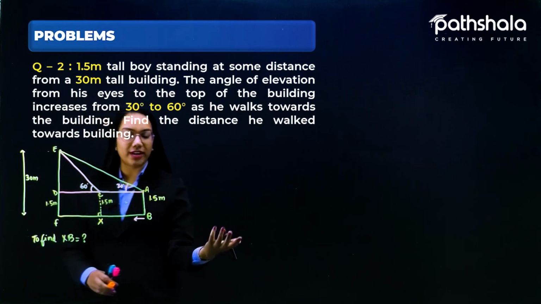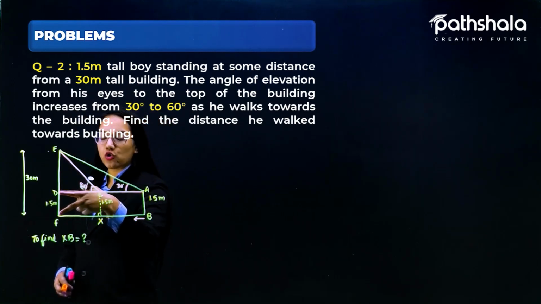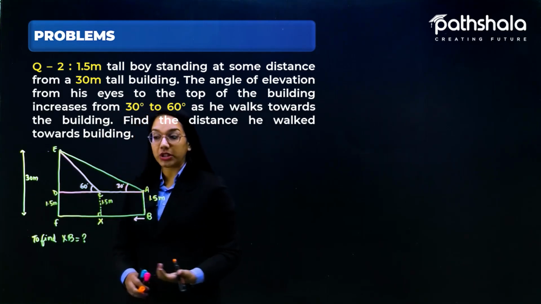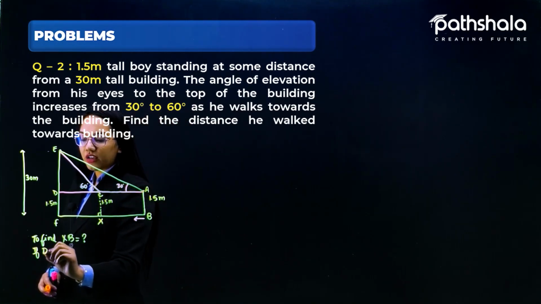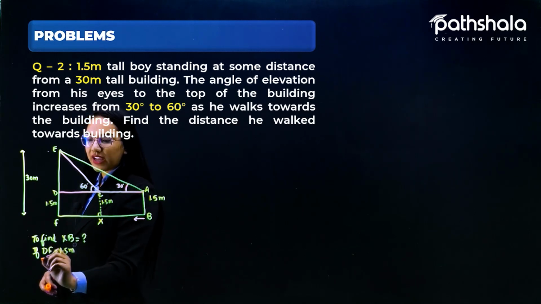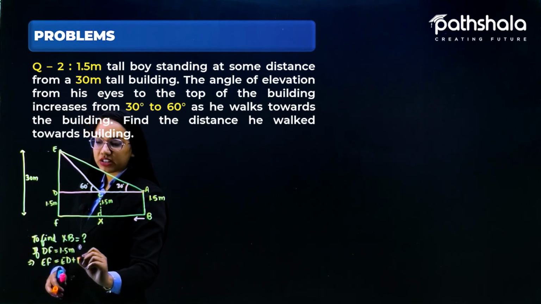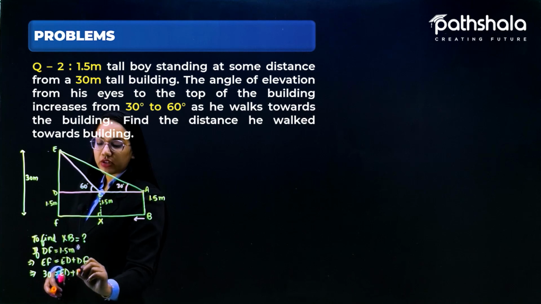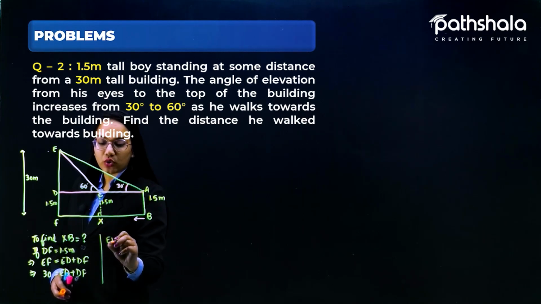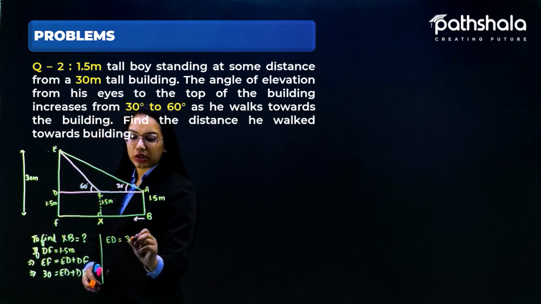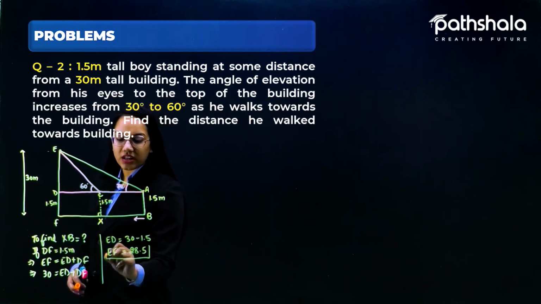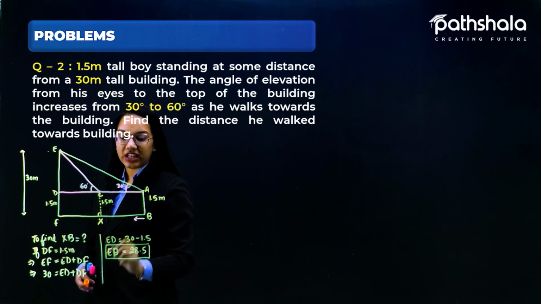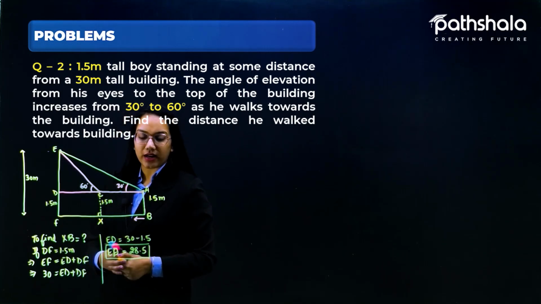From the diagram you can see these lines are parallel to each other, so they are all equal. So DF is 1.5 meter, and we can find ED, because EF is equal to ED plus DF, and EF is 30. So ED is 30 minus 1.5, which is 28.5.